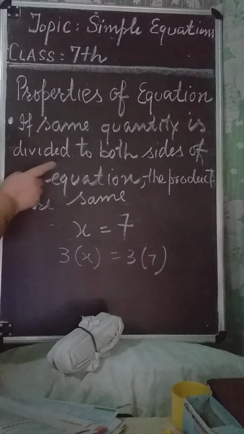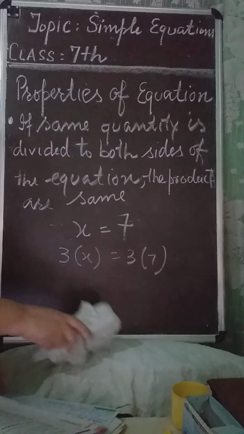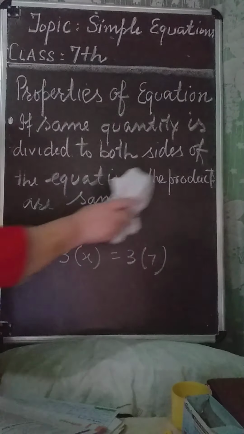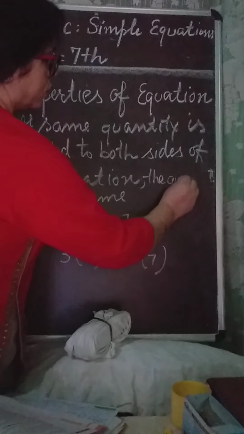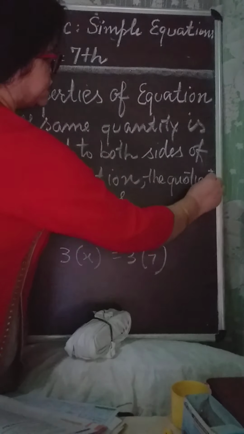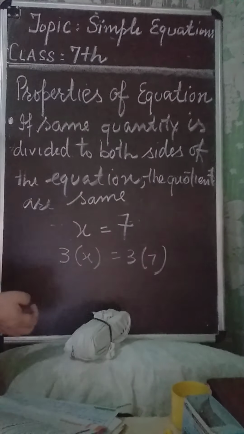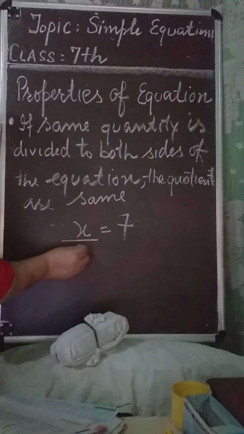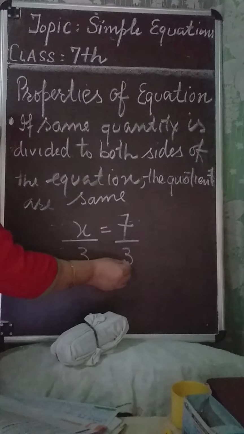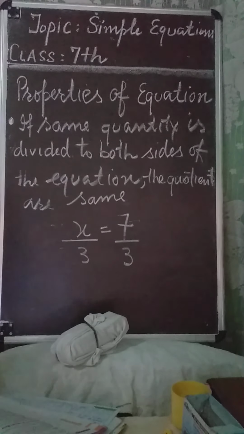To both sides of the equation, the quotients are equal. The quotients remain same. So for example, if x is equal to 7, if I divide by 3 here and if I divide by 3 here, their quotients are same. These were the 4 properties of the equation.